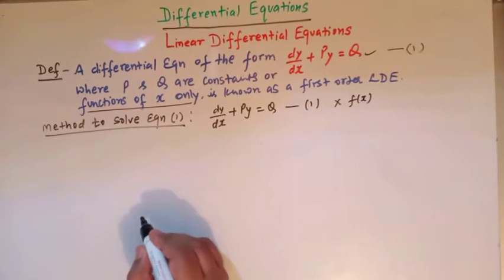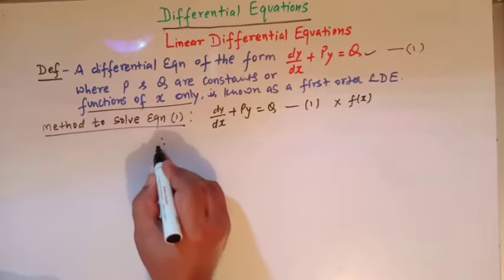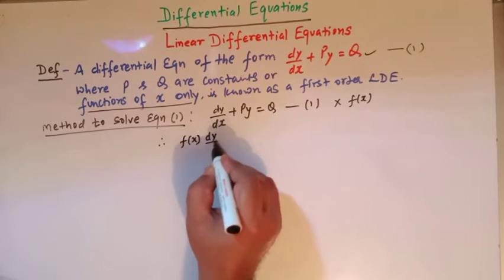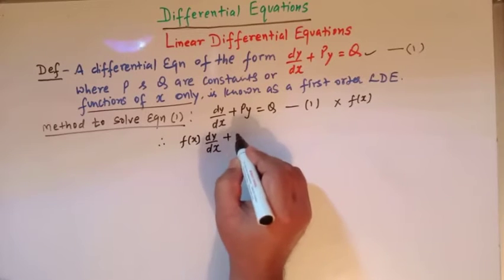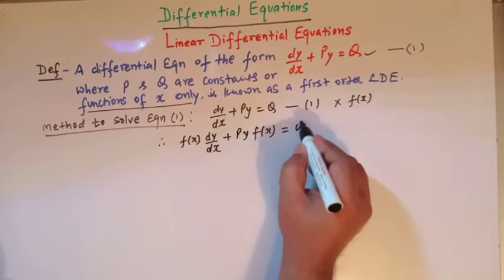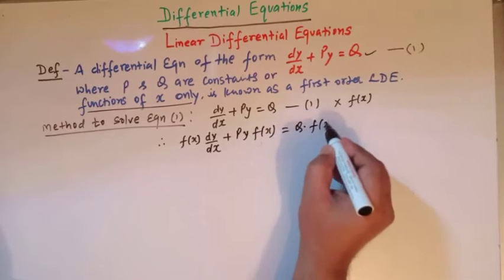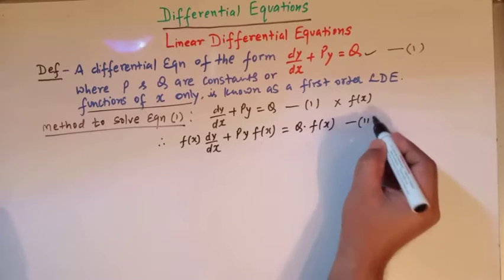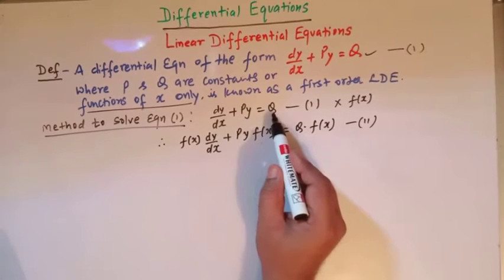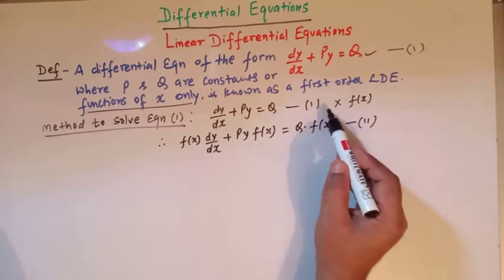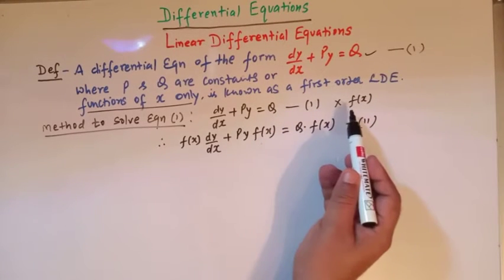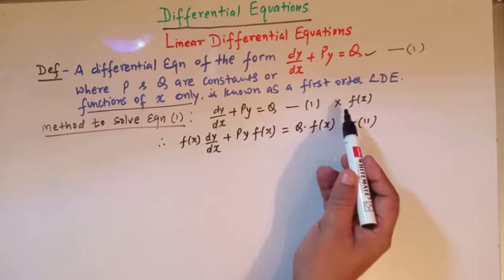Clear? So therefore we get f of x dy over dx plus py f of x is equal to q times f of x. Say this is equation number 2. Clear?